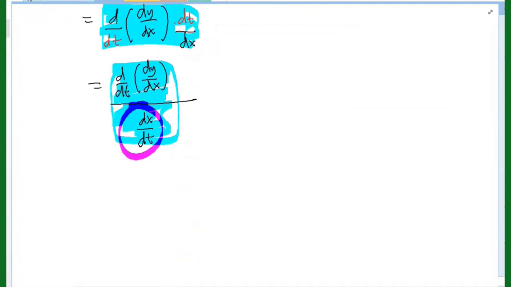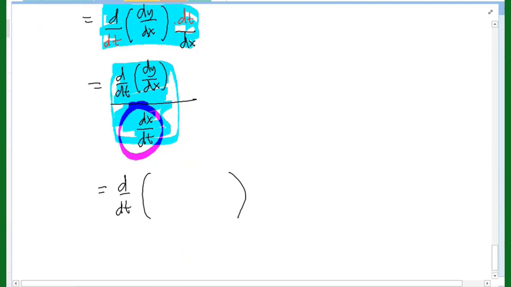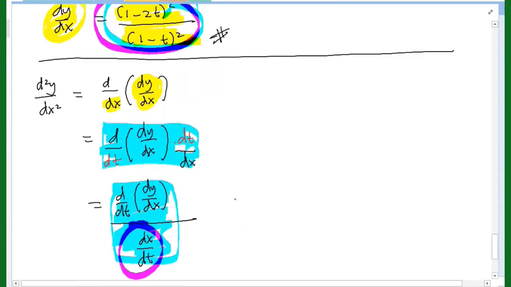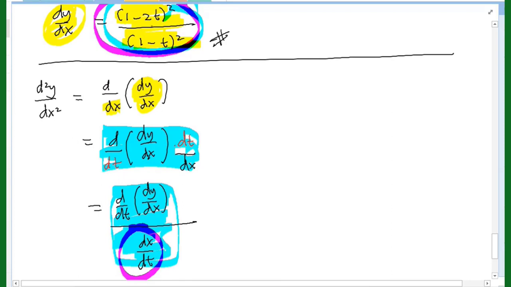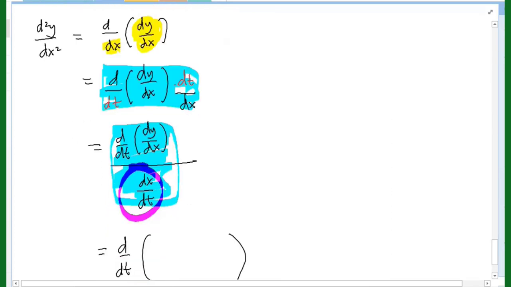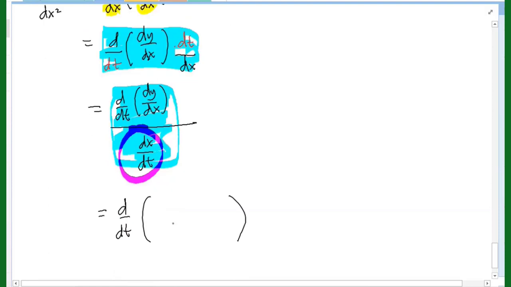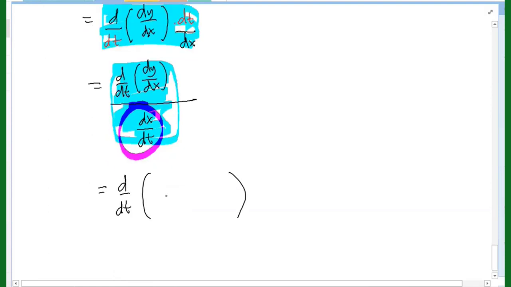So substitute d dt of dy dx, this one 1 minus 2t over 1 minus t, okay, 1 minus 2t squared over 1 minus t, over dx dt.